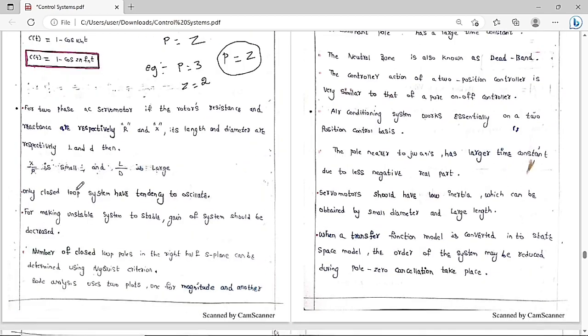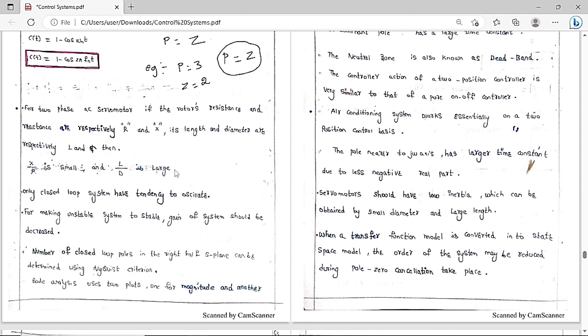So now the next point is, for two-phase AC servo motor, if the rotor's resistance and reactance are respectively R and X, its length and diameter are respectively L and D, then what is the meaning of this one? X by R ratio is small, whereas the L by D is large. So D is the diameter.